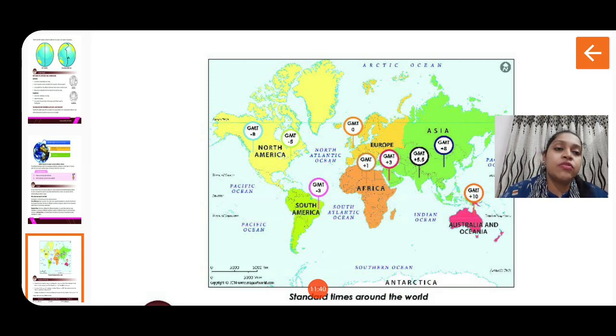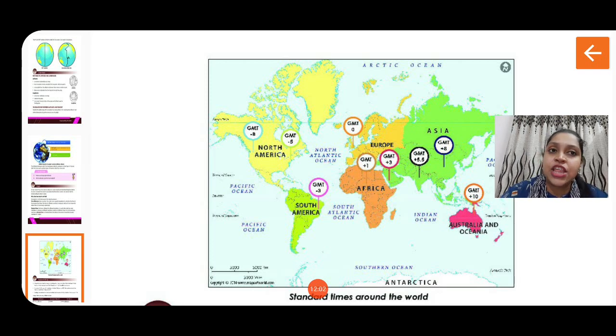Children, remember one thing: each and every country has one standard meridian for which the standard time is calculated, and it's calculated relative to the Greenwich Mean Time of the prime meridian.